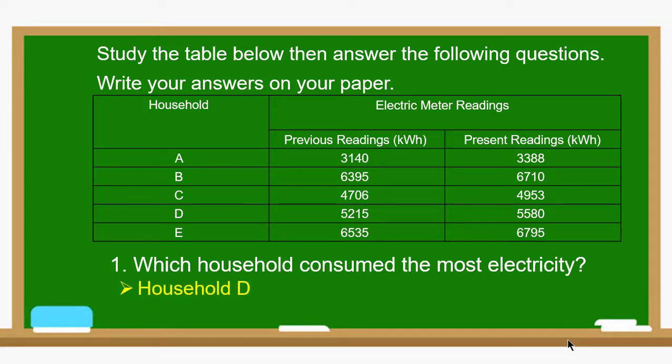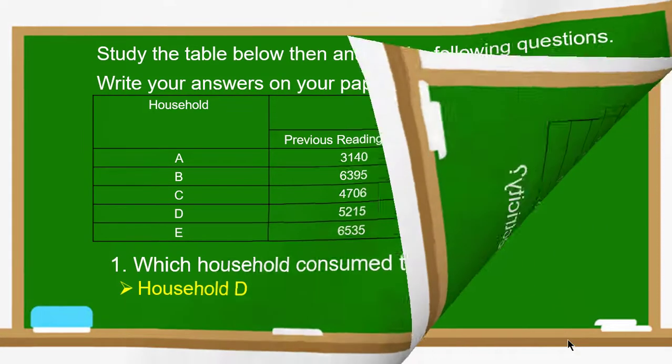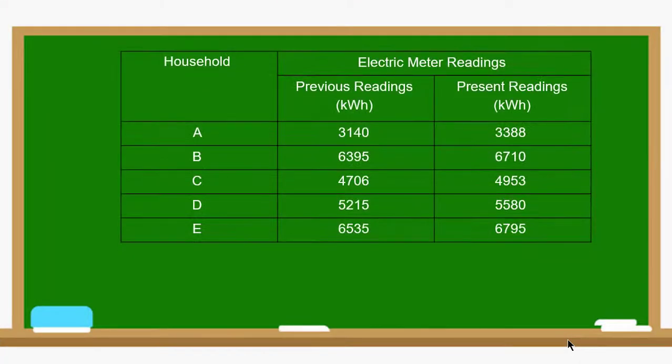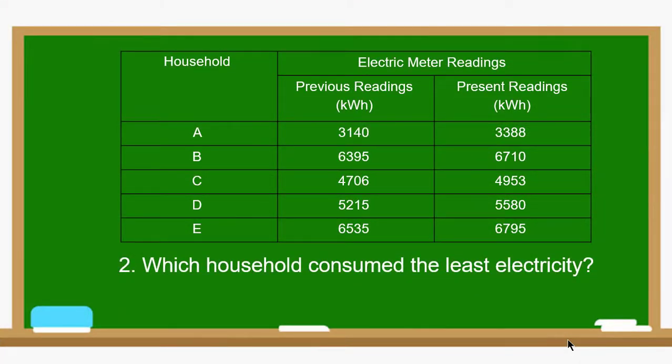The correct answer is household D. Number 2. Which household consumed the least electricity? If your answer is household C, then you are correct.